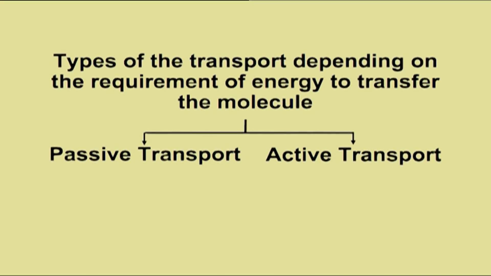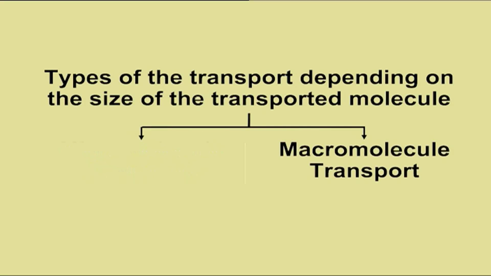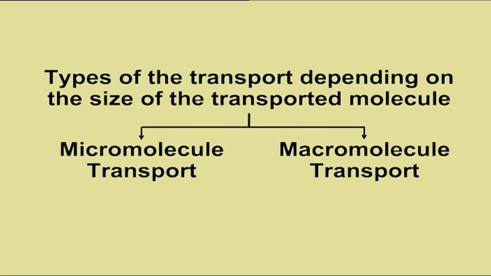Depending on the requirement of energy to transfer the molecule through the plasma membrane, there are mainly two types of transport. Number 1, passive transport, and number 2, active transport. On the other hand, depending on the size of transported molecules, membrane transport can be divided into micromolecule transport and macromolecule transport.